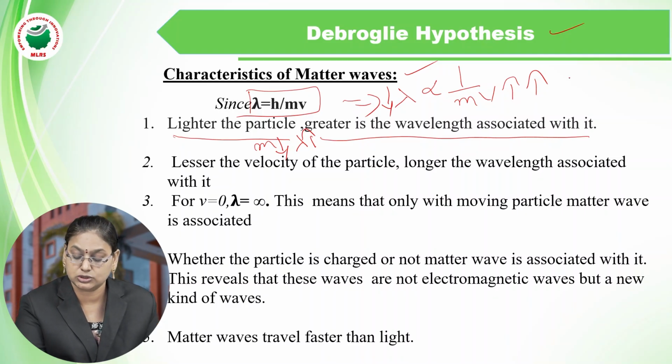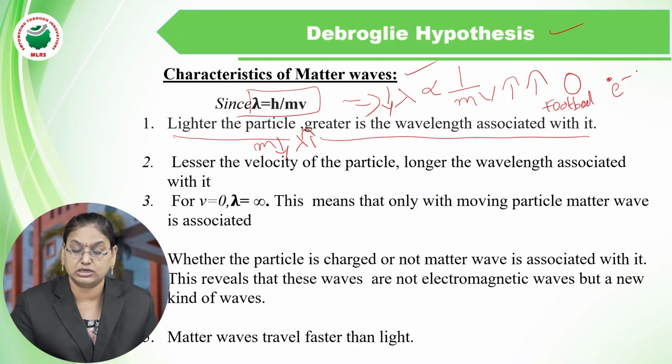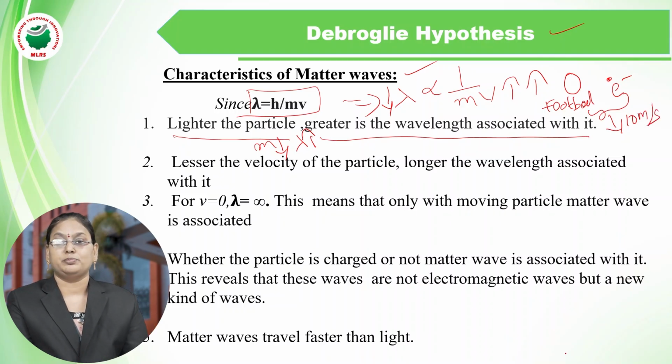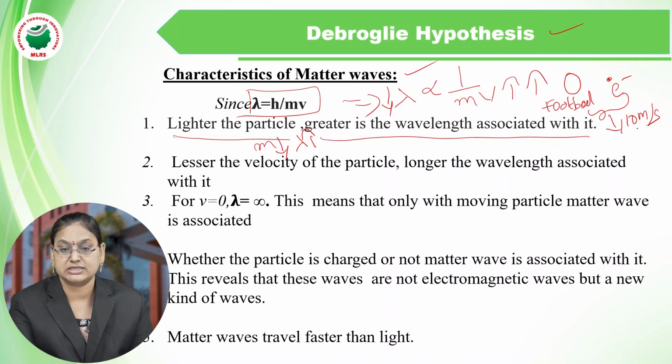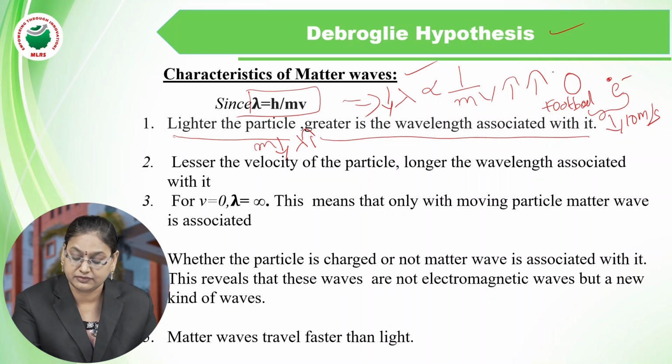Consider two particles, one is a football and the other one is an electron. These two particles are moving with the same speed, I assume 10 meters per second, but their masses are different. Here, the mass of the football is greater when compared to the mass of the electron.